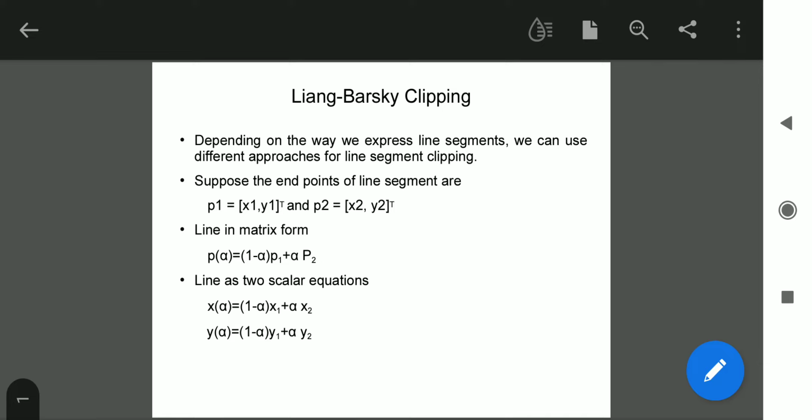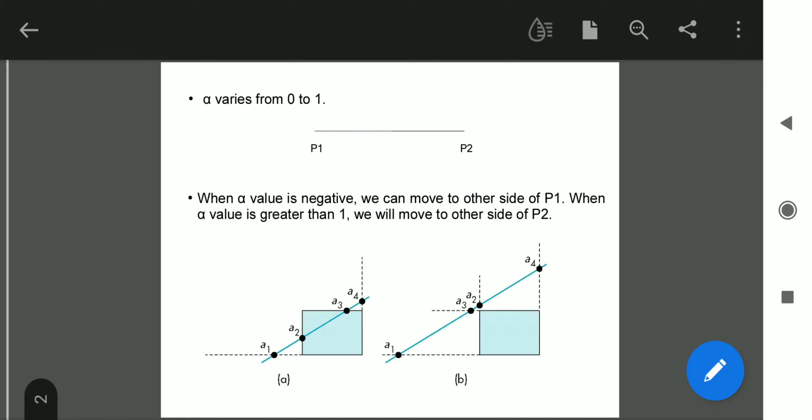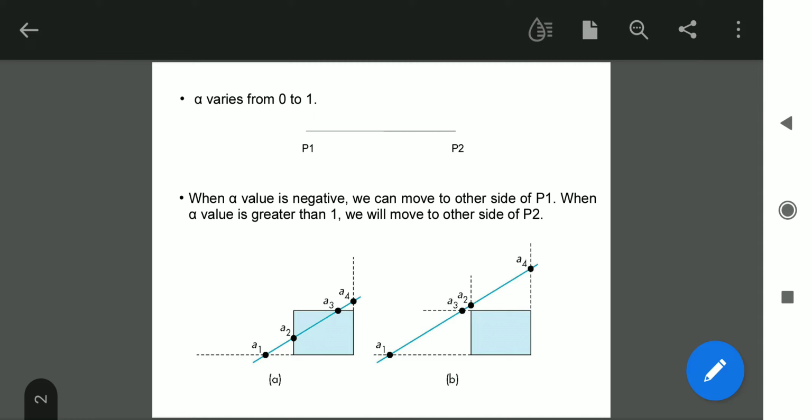Then in the equation we came across a symbol known as alpha, where the alpha value ranges from 0 to 1. Where exactly the alpha value will be 0 or 1: consider a line segment where the first vertex is written as P1 and the second vertex is written as P2.